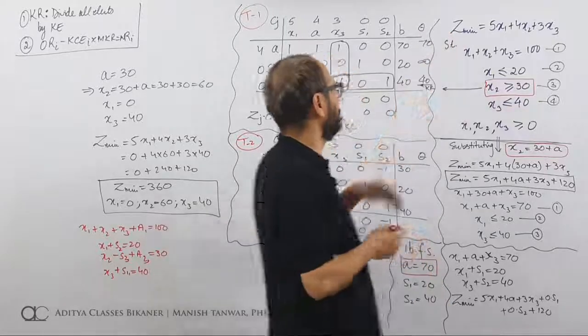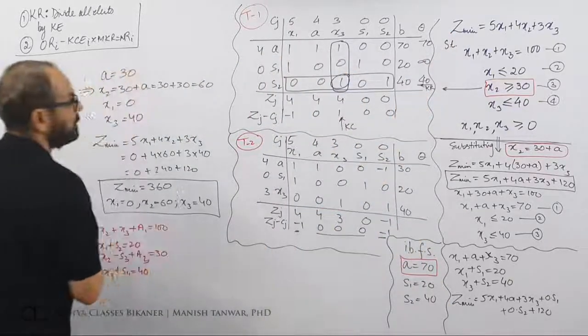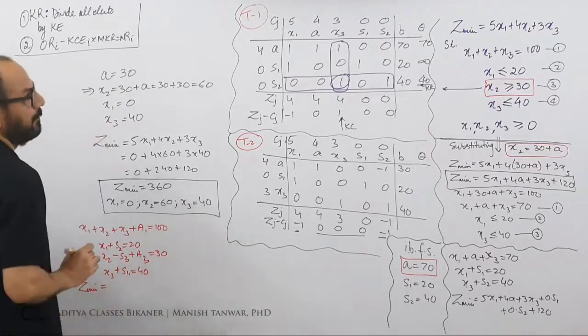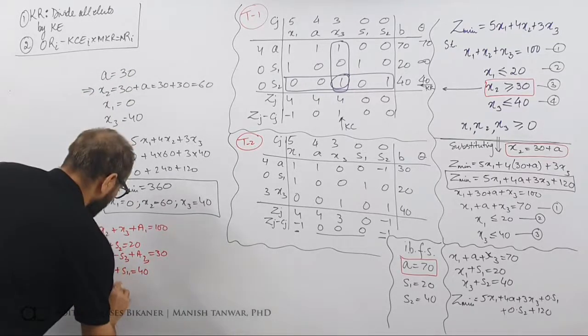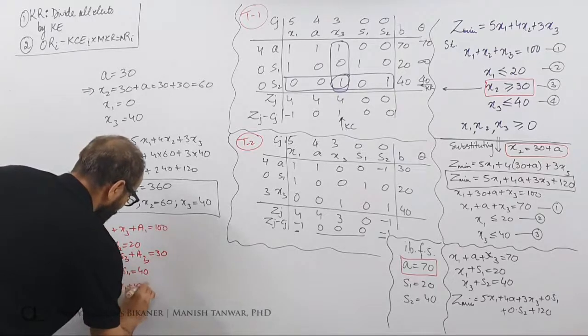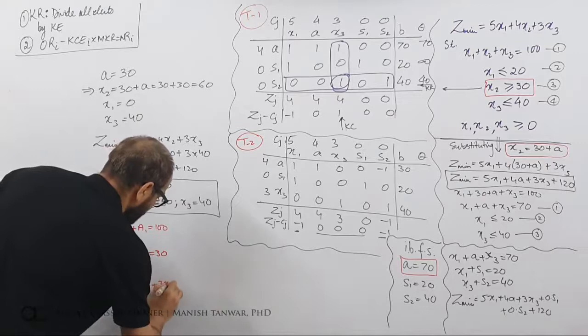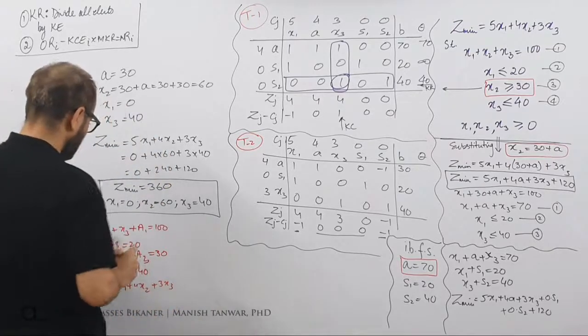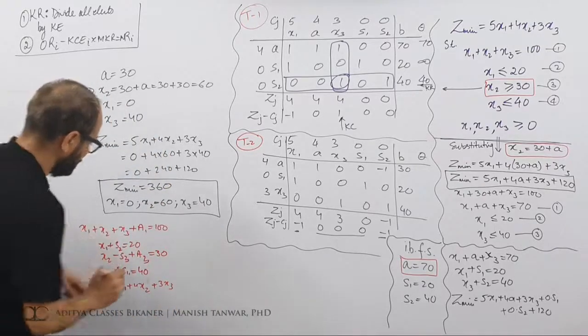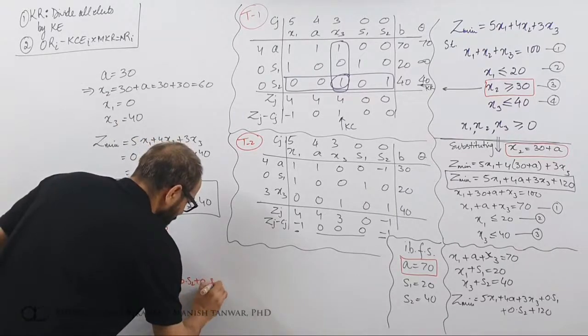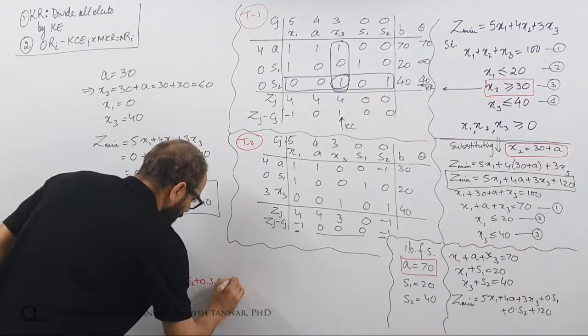And what about the objective function? The objective function would become z min equals 5x1 plus 4x2 plus 3x3, plus 0 s2 plus 0 s3 plus 0 s4.